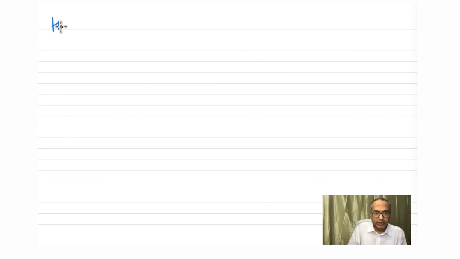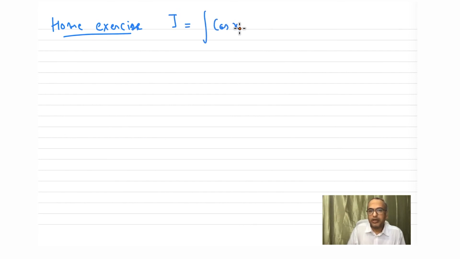Now do it as a home exercise. Let us set up an integral with I equal to cosine x, d square by dx square, e to the power minus ax dx. Okay.